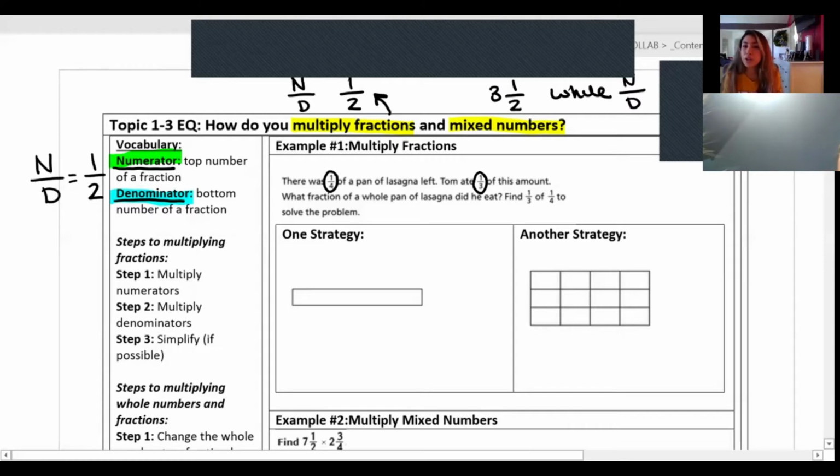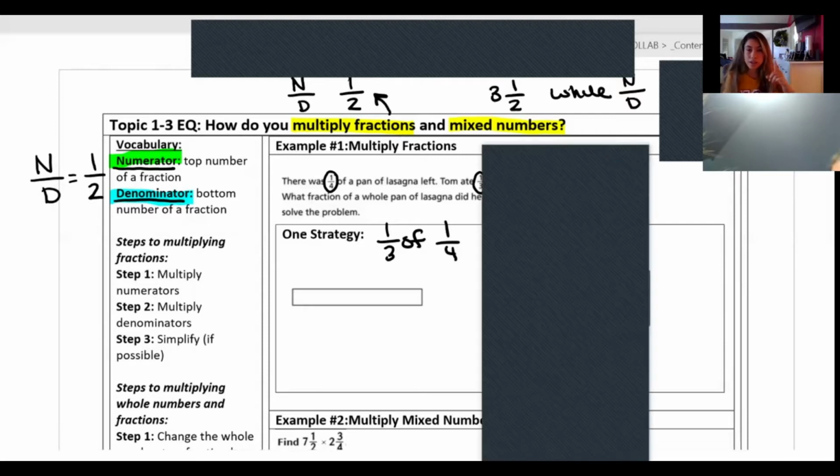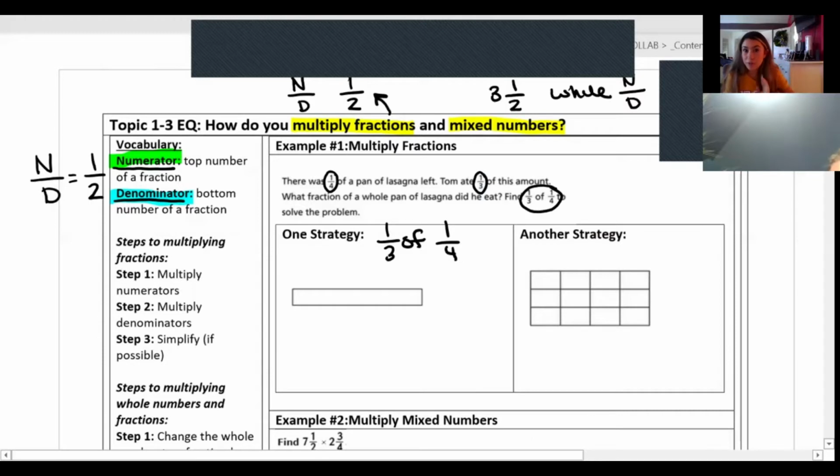Find 1/3 of 1/4 to solve the problem. So 1/3 of 1/4 is what we're looking for. How are we going to represent that? Using models, okay? Visual models.